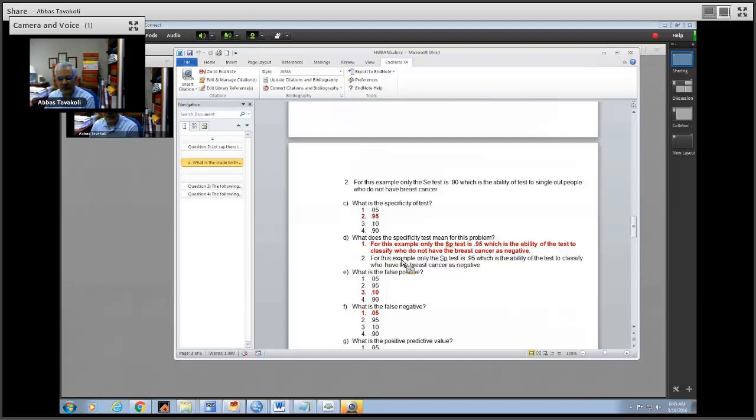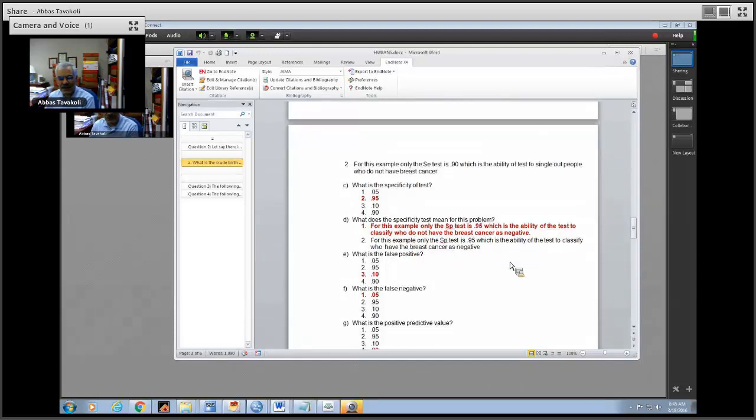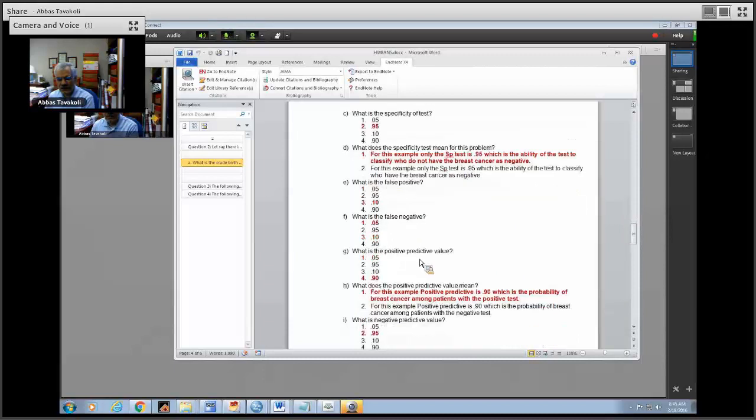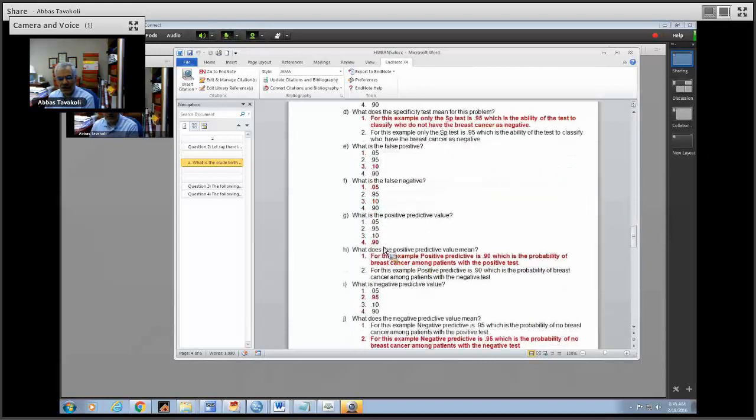What it means is that 0.9 is the ability of the test to single out people who have breast cancer. Specificity, 0.95, means the ability of the test to classify those who do not have breast cancer as negative, so the test becomes negative.